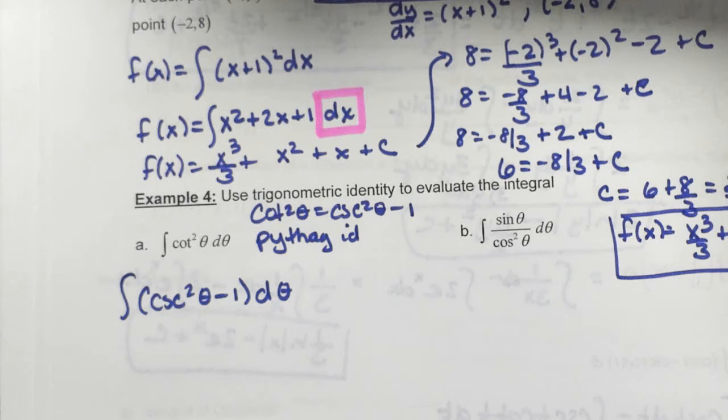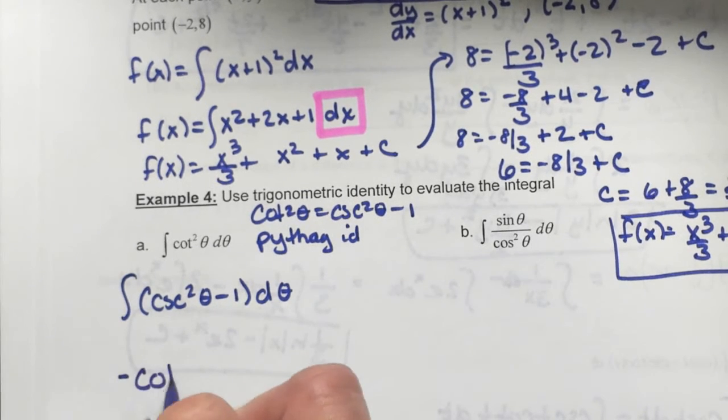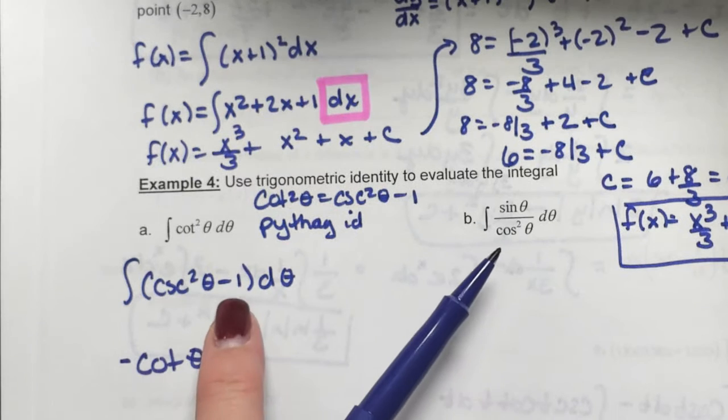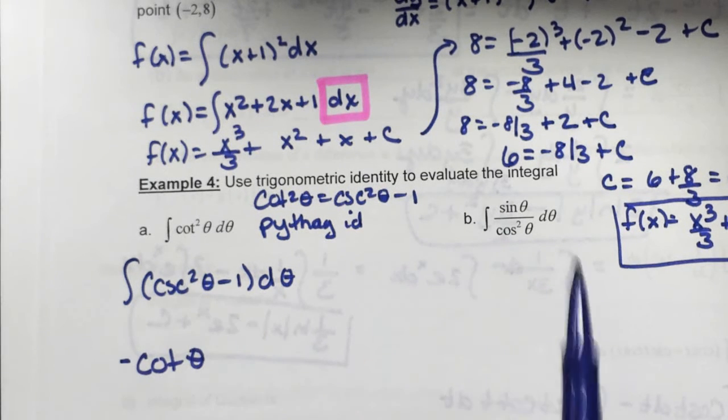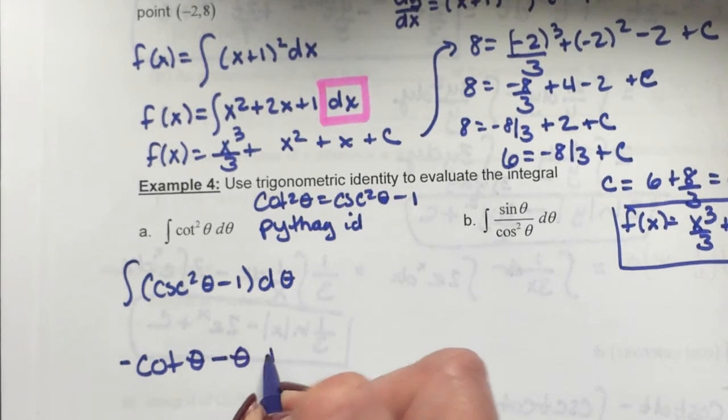The derivative of cotangent is negative cosecant squared theta, correct? So the antiderivative of cosecant squared theta is going to be negative cotangent theta. And the antiderivative of negative 1 is just minus theta plus c.